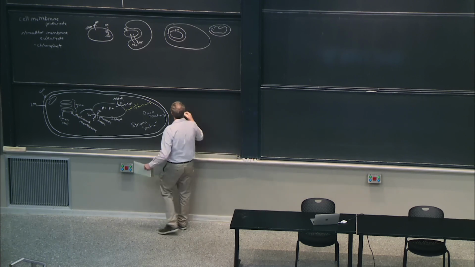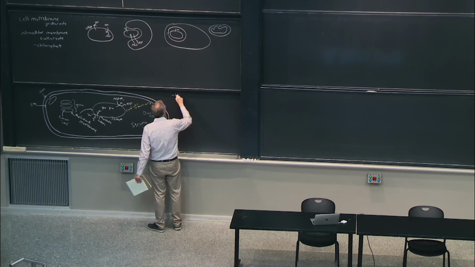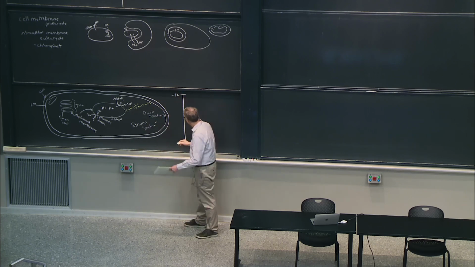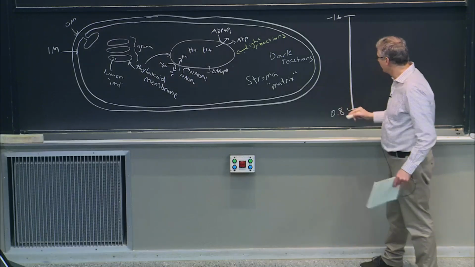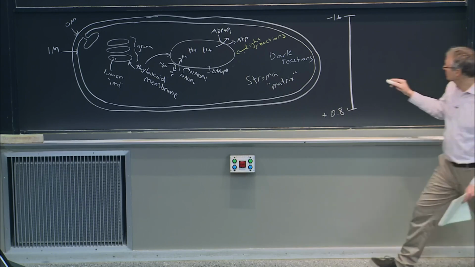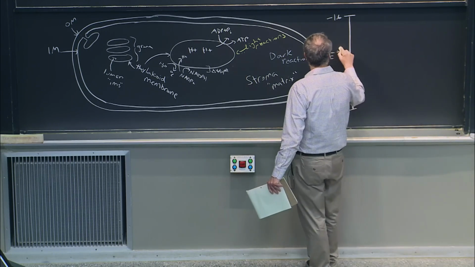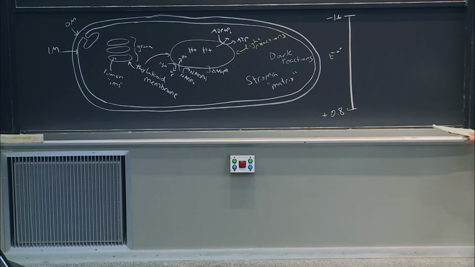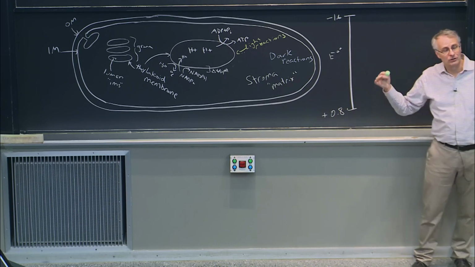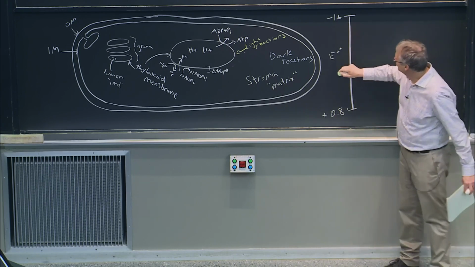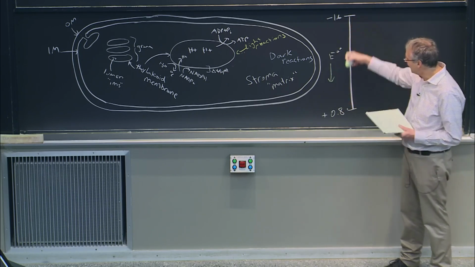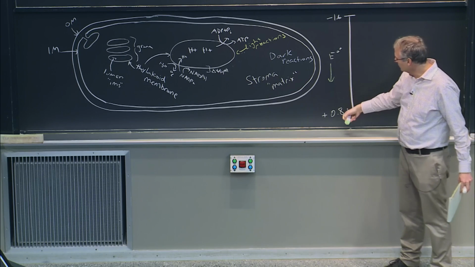All right, so if we just draw this out, here's a physiological range of standard reduction potentials from negative 1.6 to positive 0.8 volts. So remember, a change in standard reduction potential that's positive means moving this direction down, as I've drawn this axis, from smaller to larger.